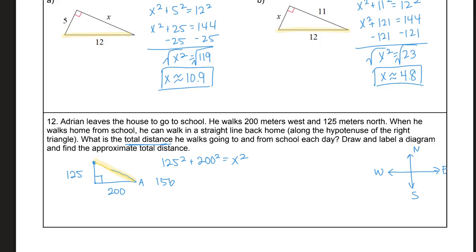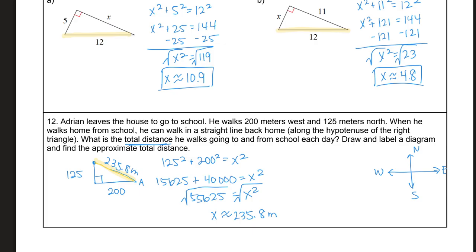So we get 15625 plus 40,000. So when we add those together, we get 55625 is equal to x squared. So we square root in Pythagorean theorem. We get x is approximately 235.8 meters.